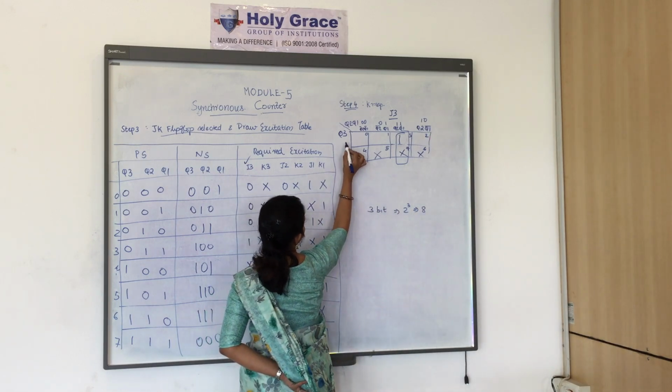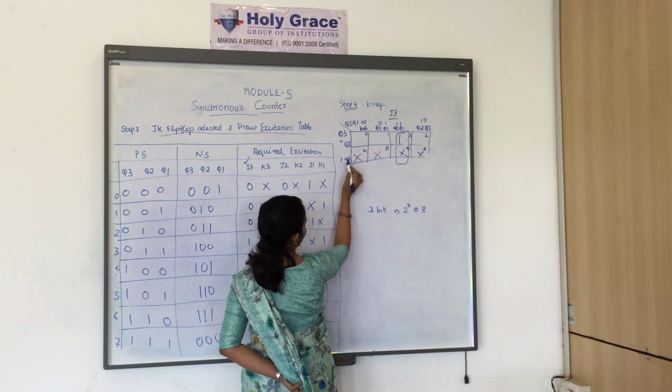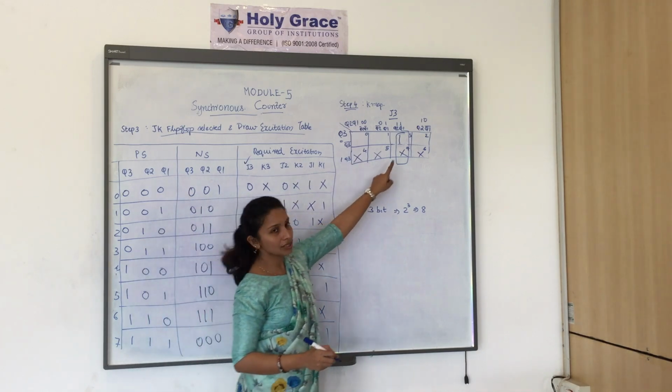Now here it is 0 and 1, that means Q3 will be written as Q3 bar for 0 and Q3 for 1.